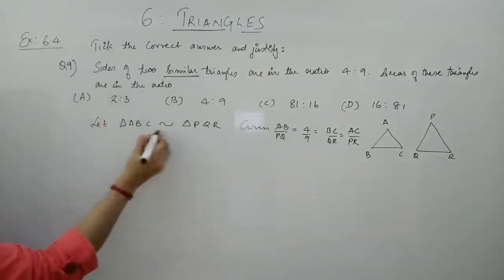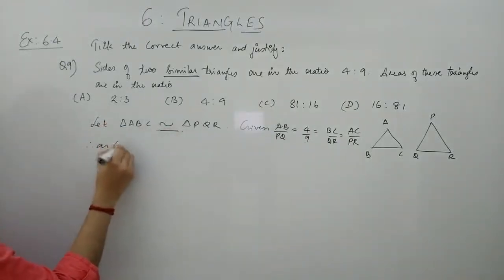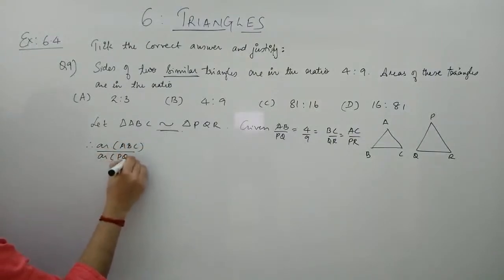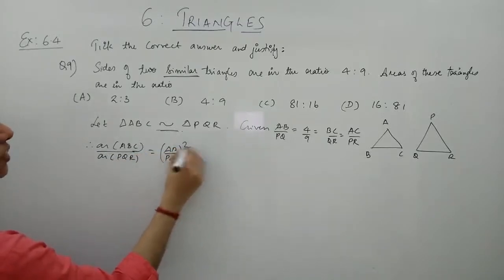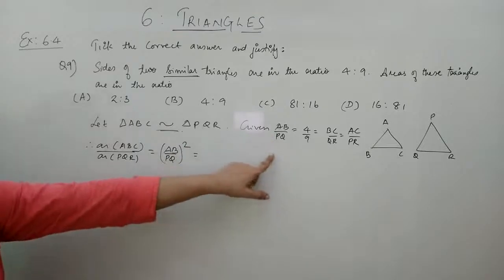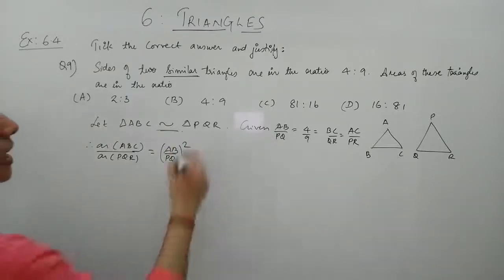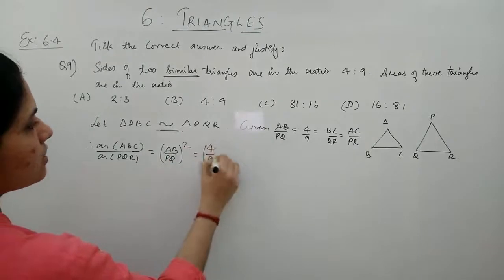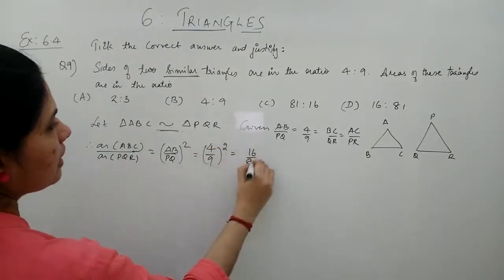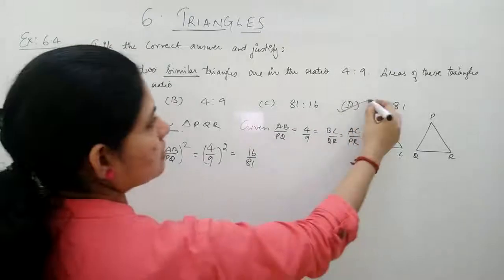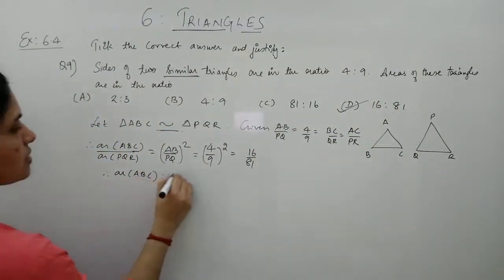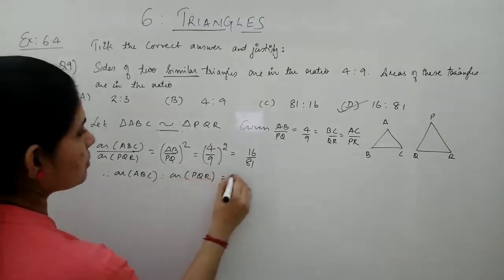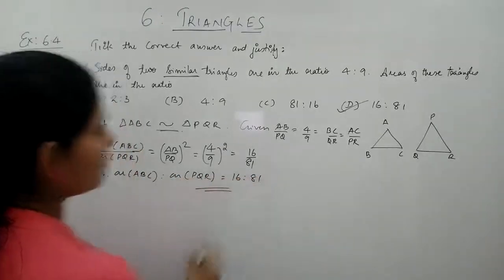So since they are similar, you can say that area of triangle ABC by area of PQR will be equal to any of the corresponding sides ratio the whole square. So I am taking AB by PQ, so I can write AB by PQ the whole square. And what is AB by PQ? It is 4/9. So 4/9 the whole square, which is 16/81. So your answer is 16:81. Okay. Therefore area of ABC is to area of PQR is equal to 16 is to 81. Clear?